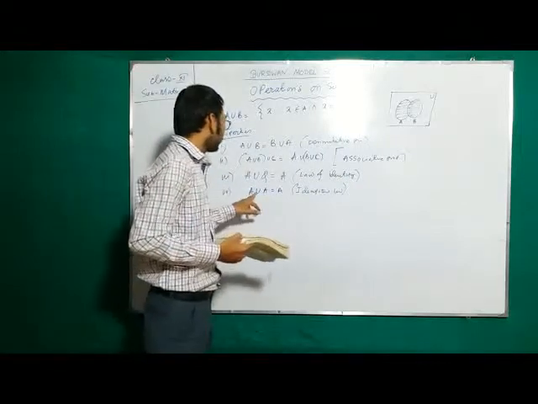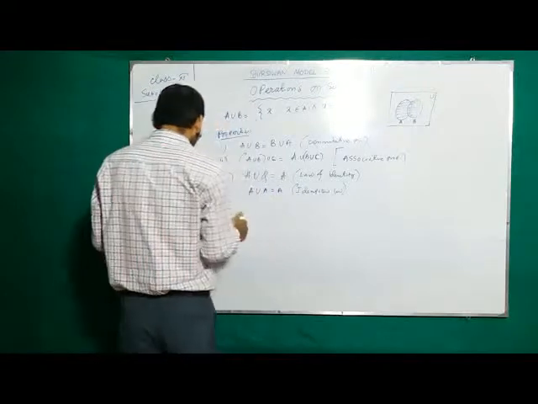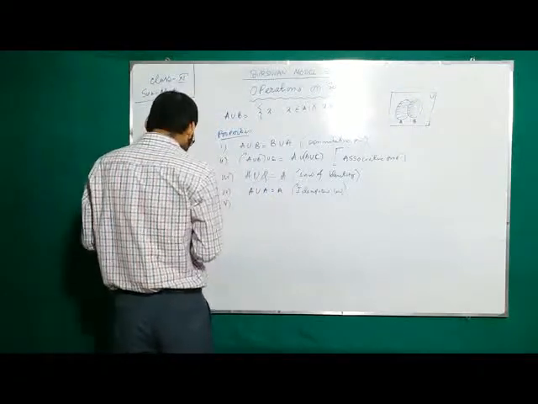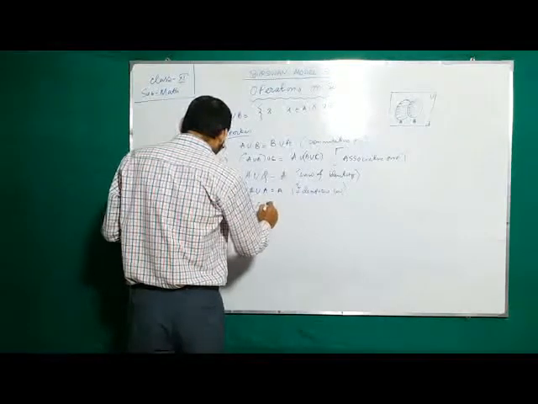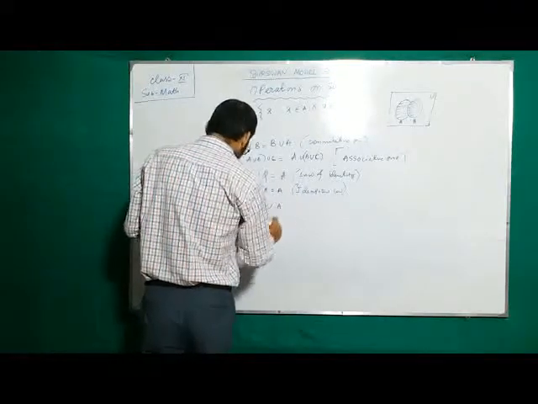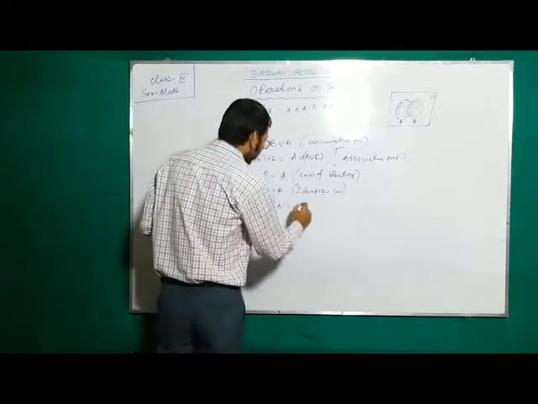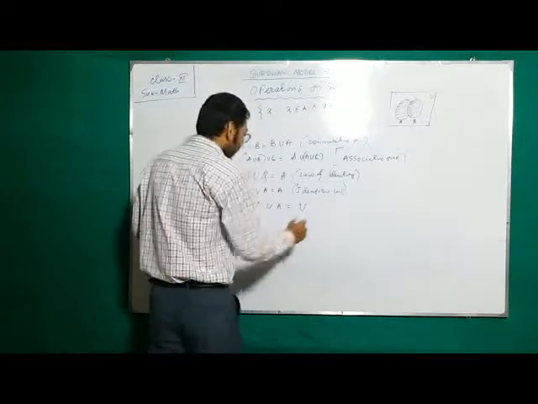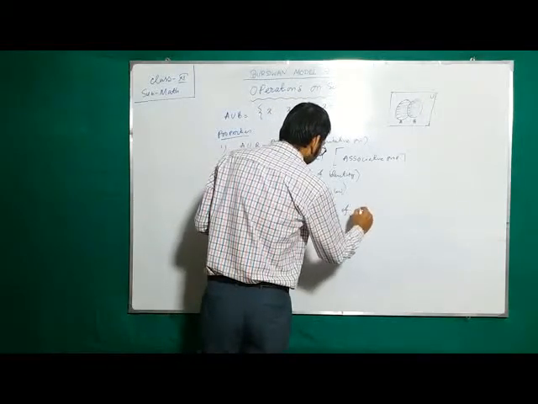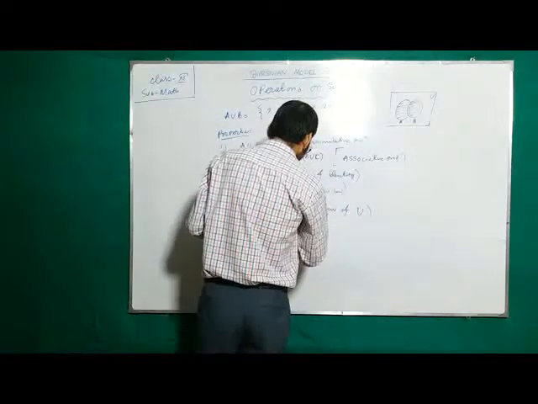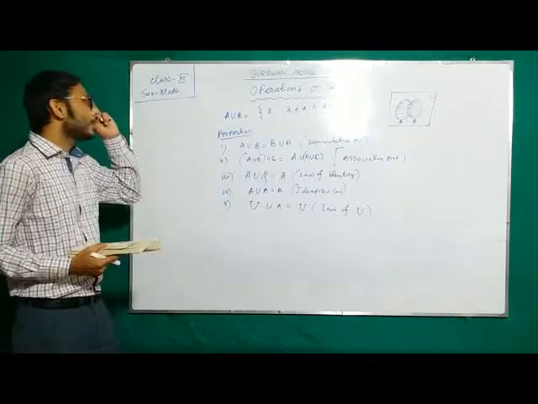Whenever A is unioned with A, it gives A. And number 5 is the law of universal set. Whenever the universal set is unioned with a set A, it gives the universal set back. So these are the 5 properties of A union B.